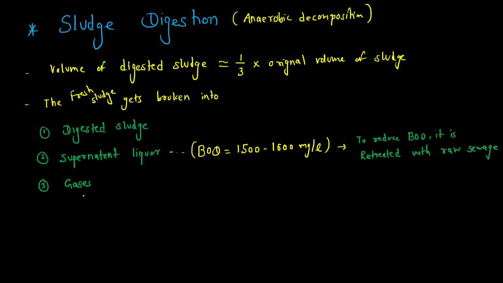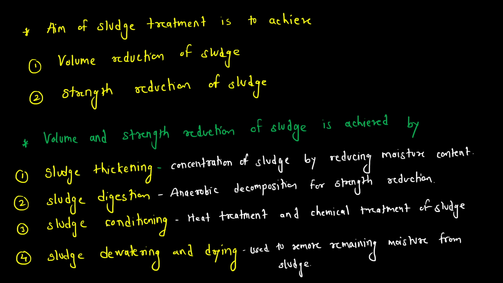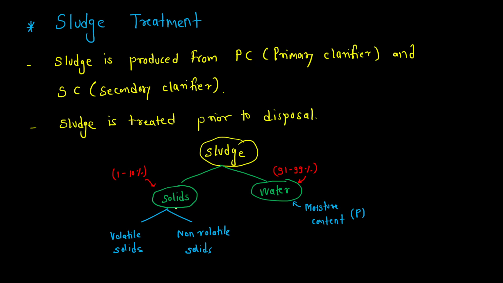Some other points are about the total solids. We have seen that sludge is divided into solids and water. This total solids consist of volatile and non-volatile.